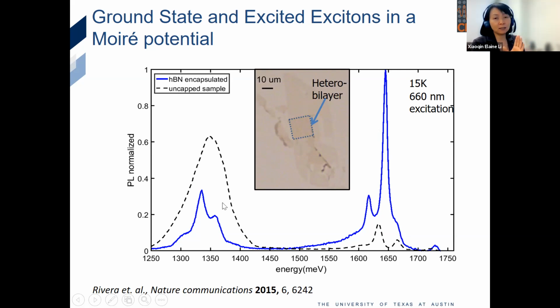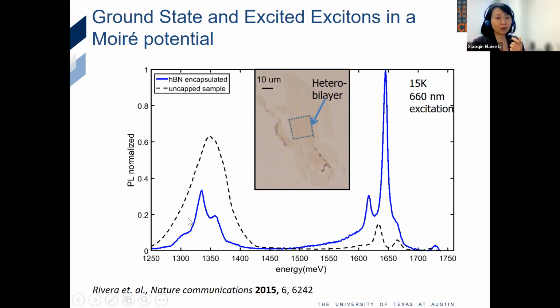You can already see in the dotted line we just have very broad exciton resonances that are probably broadened because the Moiré superlattice quality is not very good. There's a lot of variation. What we did here, like many other people in the field, is to use this high-gap, atomically flat hBN, hexagonal boron nitride, to encapsulate the sample and improve the quality.